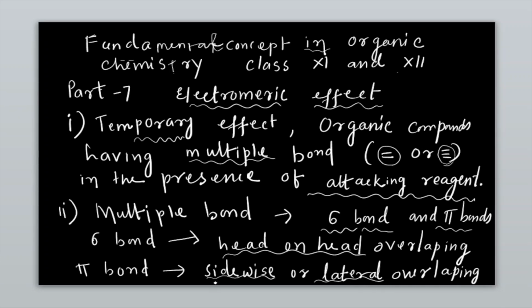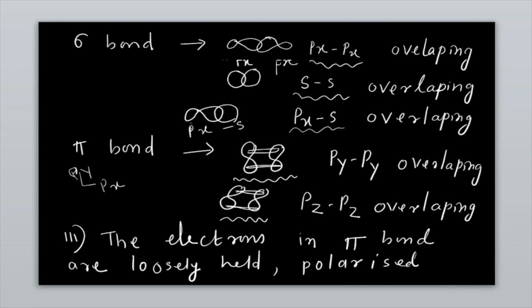If there is two or three bonds, then sidewise or lateral overlapping takes place. If two bonds, one is sigma and the other is a pi bond. If it is a triple bond, then one is sigma and two are pi bonds.